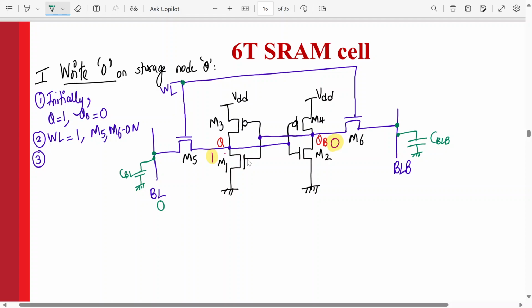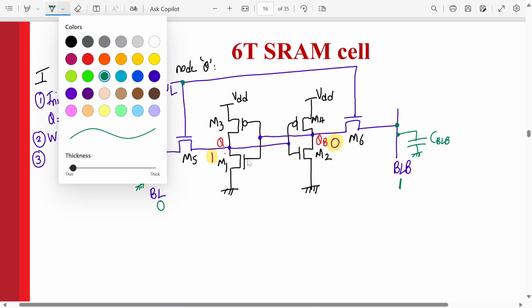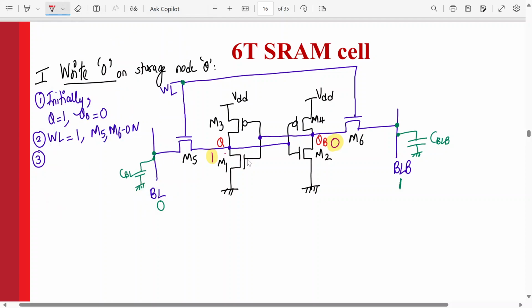Obviously if this is 1, this is 0, so bit line will be 1 here. All right, so this capacitor will charge. Let me explain. So your bit line should be 0, and word line should be 1, obviously. So your CBL discharges via M1 and M5 like this. So this node voltage will discharge now, discharge via this transistor.